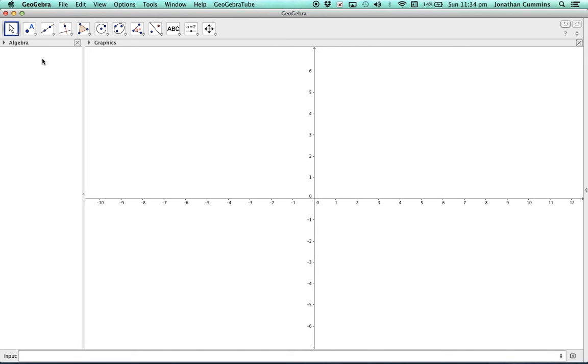Now let's look at some quadratic graphs, and I'll start with the basic quadratic function y equals x squared. So in the input box again, y equals x, and then on my Mac, Control 2 will give me a squared sign. And there's the graph of y equals x squared. Now, what do you think will happen if I do y equals x squared plus 3? Let's try that.